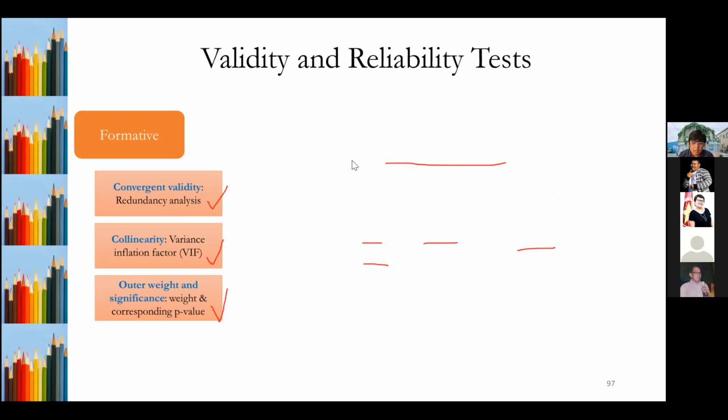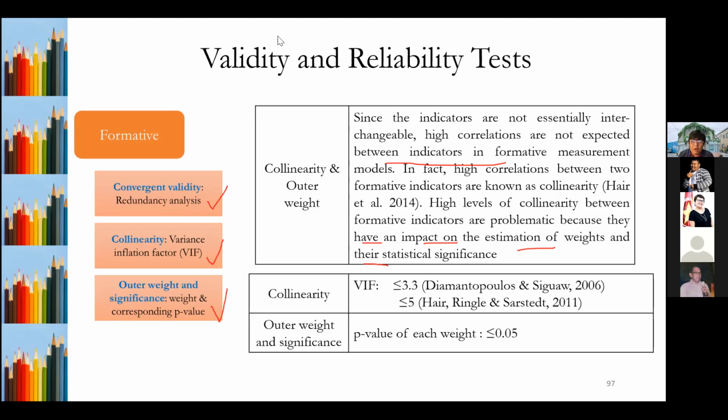Number 2, we have what we call collinearity. Sa collinearity, ang mini-measure natin is of course yung variance inflation factor. Ang purpose natin ng measurement ng collinearity, as I mentioned, para hindi maging problematic or hindi tayo magkaroon ng error. Para ma-avoid natin yung possible problem ng collinearity, mini-measure natin through VIF.